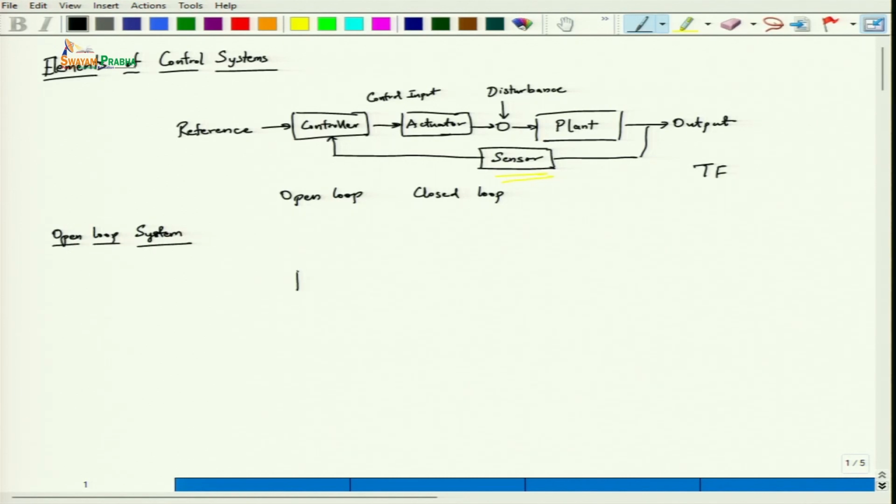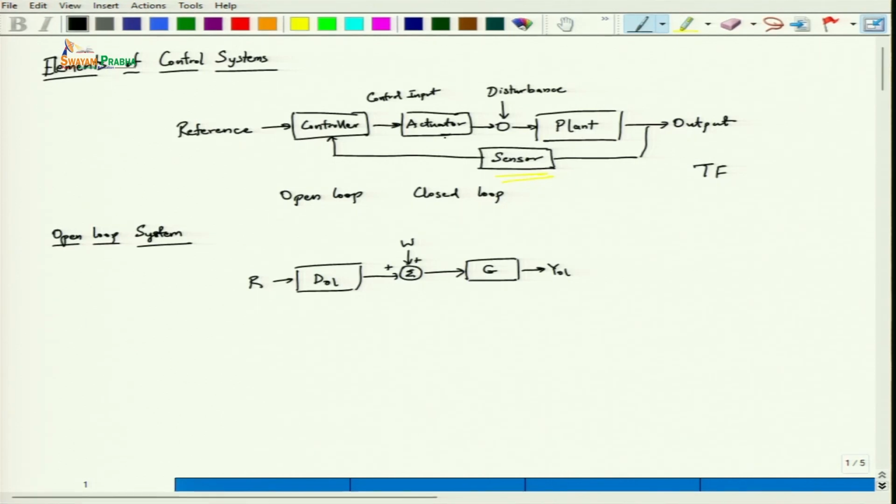So here we have G, which represents the transfer function representing the dynamics of the plant.